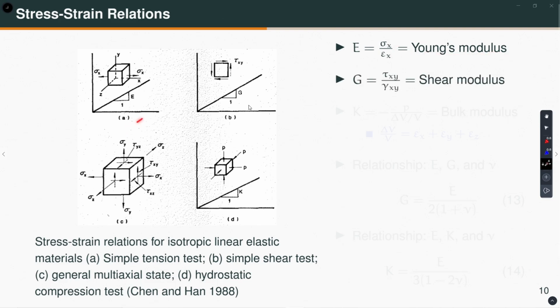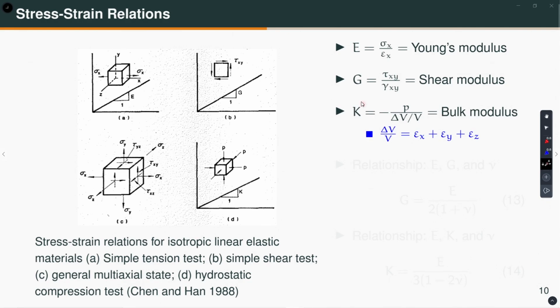If you do a simple shear test, an element subjected to tau xy, okay, then the shear strain and shear stress are proportional and the modulus is called the shear modulus, which is the slope here, okay. If you do a hydrostatic compression test, an element subjected to pressure P from all directions, right, then what you get?